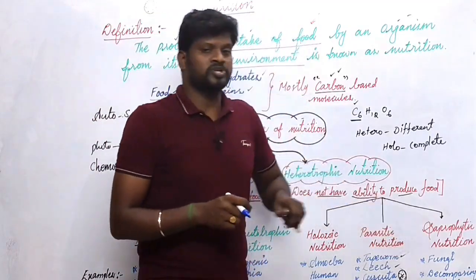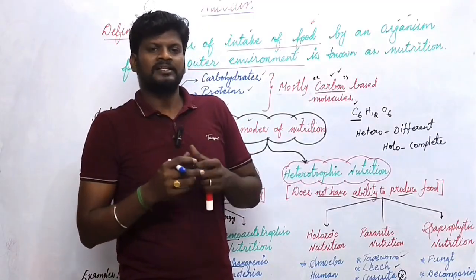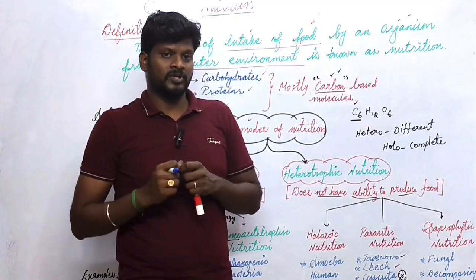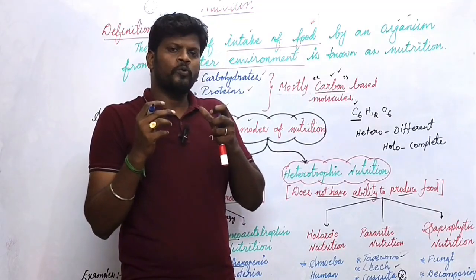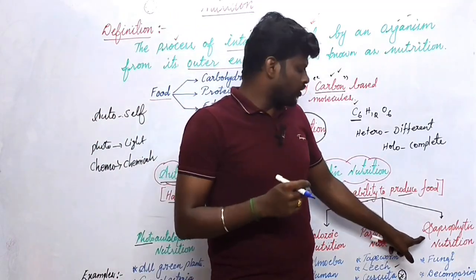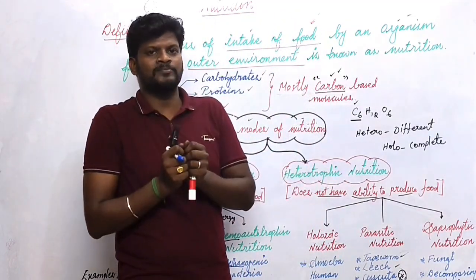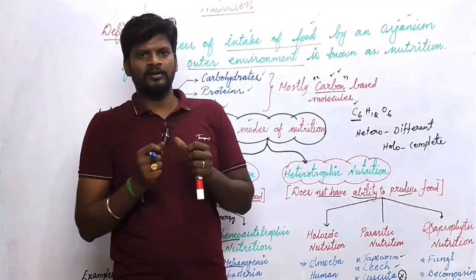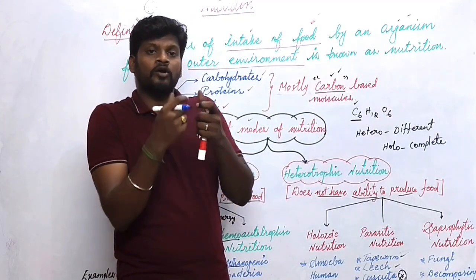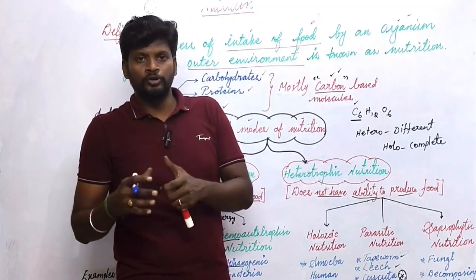Third important mode of nutrition is saprophytic nutrition. In this mode of nutrition, certain organisms like fungi and mushrooms obtain nutrition from dead and decaying matter. These organisms will secrete digestive enzymes on the dead and decaying matter, and these enzymes will break down that complex organic matter into simple inorganic substances or nutrients.